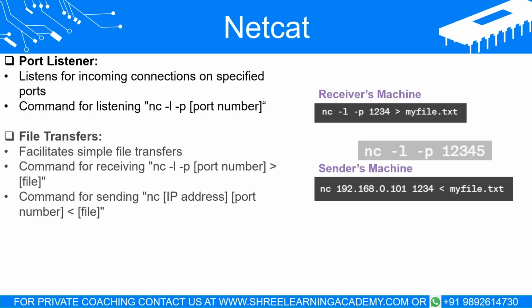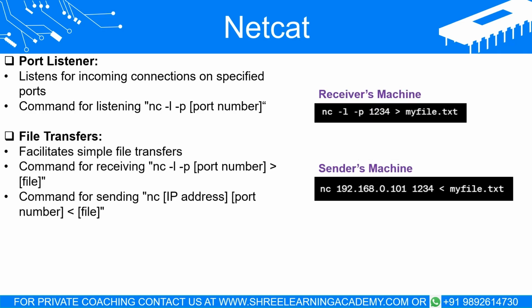Netcat can also be used for simple file transfers. Suppose you have a large file that you need to move from one machine to another. Instead of setting up a full FTP server or using an external storage device, you can use Netcat. On the receiving machine, you would use the command nc -l -p 1234 > myfile.txt to listen on port 1234 and redirect the incoming data into a file named myfile.txt.